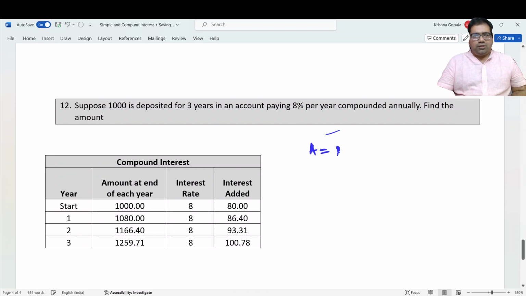Amount is equal to principal into 1 plus r by 100, whole power n. This is the formula. Principal is what?